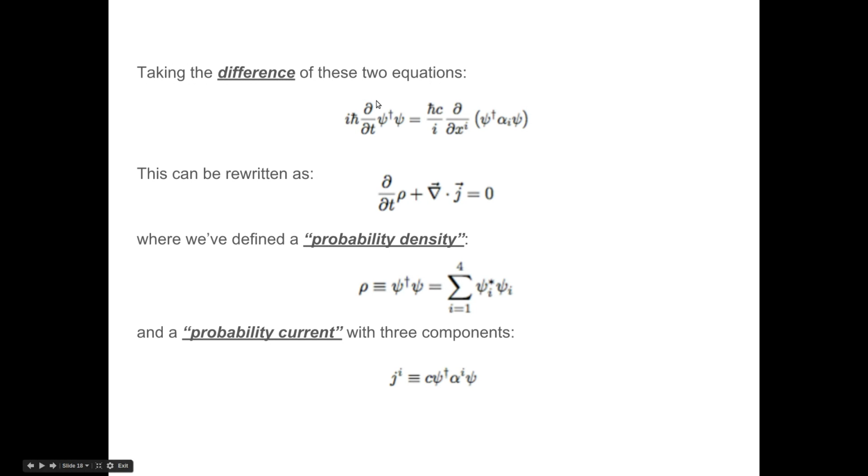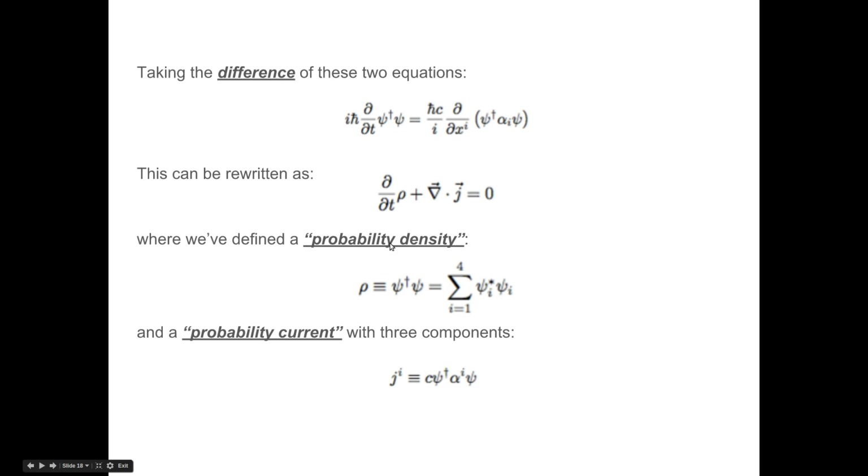I end up with something that has the right form. I can take this term to the other side. I define psi dagger psi to be rho, and I define psi dagger alpha_i psi to be my current density, so I can write it in a compact form as a continuity equation.